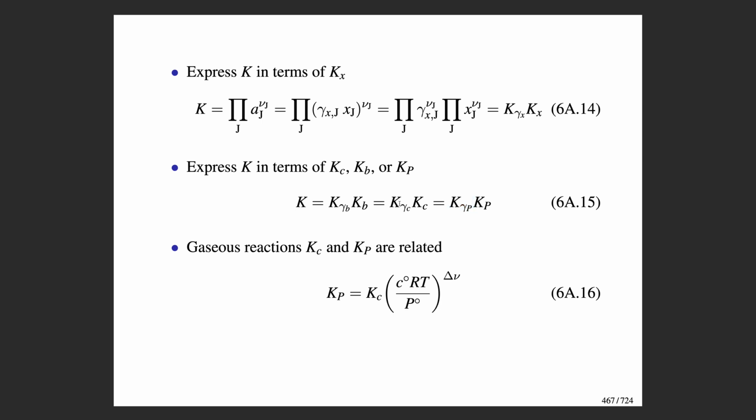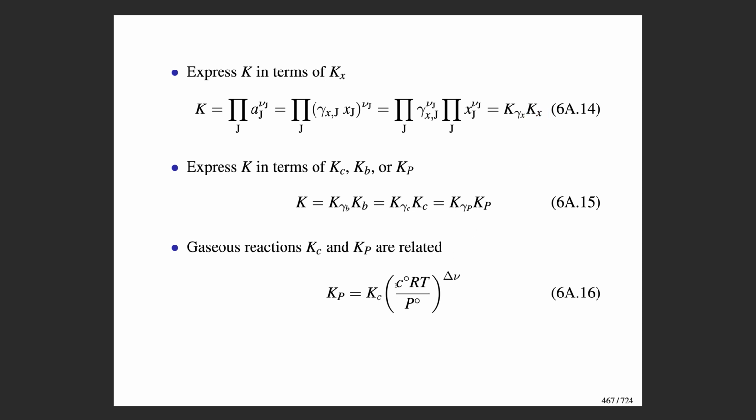Given these relationships here, you can establish relationships between each of these. I believe they're called apparent equilibrium constants. So you can derive a relationship between Kp and Kc. And I think, in one of the forthcoming problems, they want you to use, like, what is the relationship between K and Kx, I think, something like that.